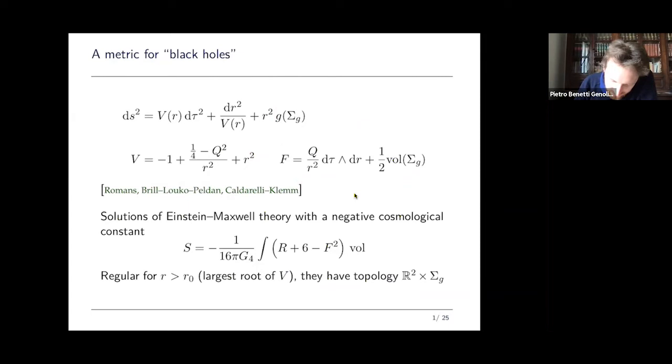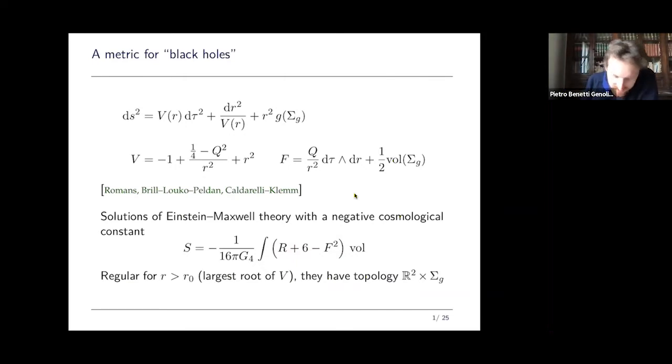For any Q, these are solutions of a theory called Einstein-Maxwell with a negative cosmological constant. It's Einstein because it contains the Einstein-Hilbert action, which is just the Ricci scalar curvature. It's Maxwell because it contains the kinetic term for a Maxwell field, which is F squared, the curvature squared. And it has a negative cosmological constant because it contains a constant term, which is the cosmological constant.